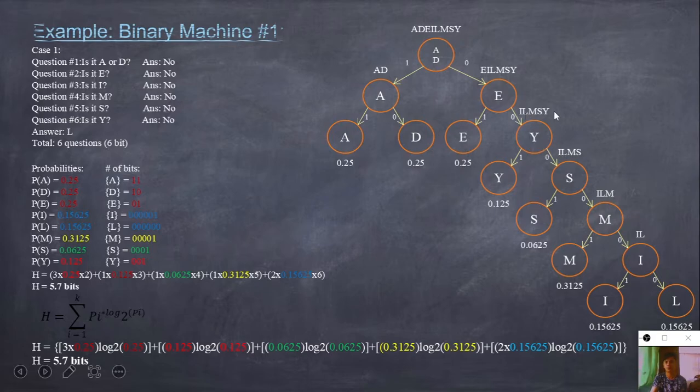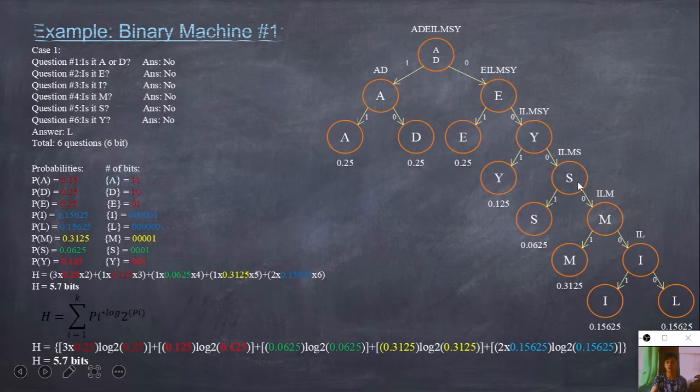In this variable, we will use Y. Y predicted as yes, so Y is 1. For S, it is predicted as 0. For this variable, we'll use S again. S predicted as yes, so S is 1.